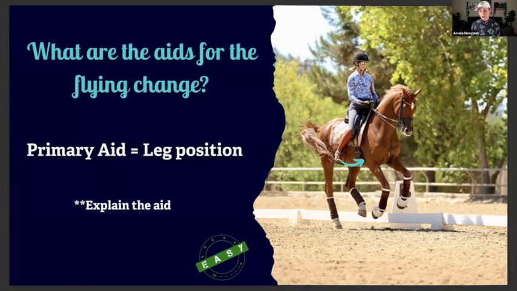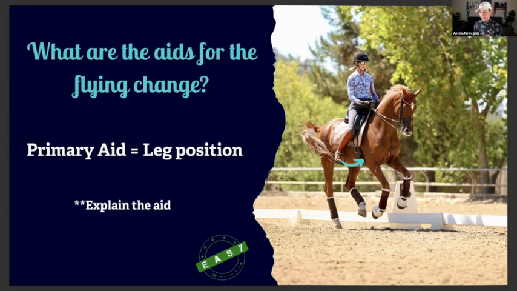If we look at this photo of Kensington here, you'll notice that Kensington is in the right lead canter. So how do we know that he's in the right lead canter? Well, because that right hind and that right front are coming in front, or sorry, I'm wrong. He is in the left lead canter. So how do we know that Kensington is in the left lead canter?